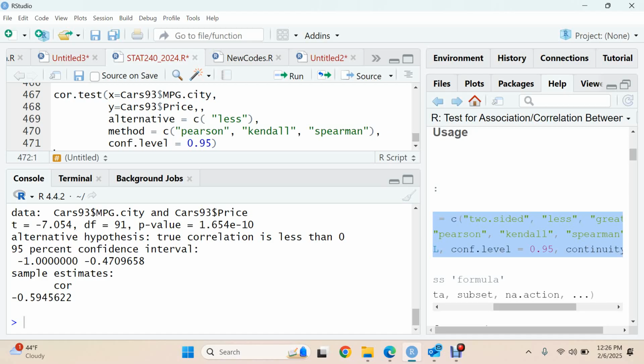1.67. In this case, what is your rejection rule? We will reject if the T we computed is less than what? Negative t with n minus 2 degrees of freedom, because it's one sided. Then we have the p-value. What is the p-value? Very small.